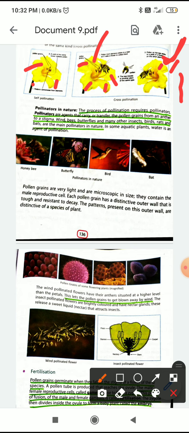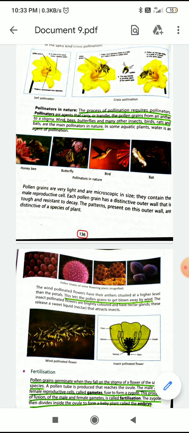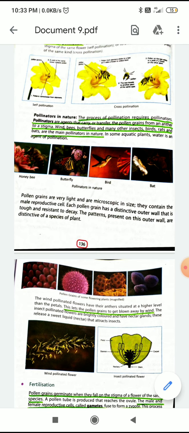And this is for the flower's benefit, because after that fertilization will take place, then formation of the seed will take place.